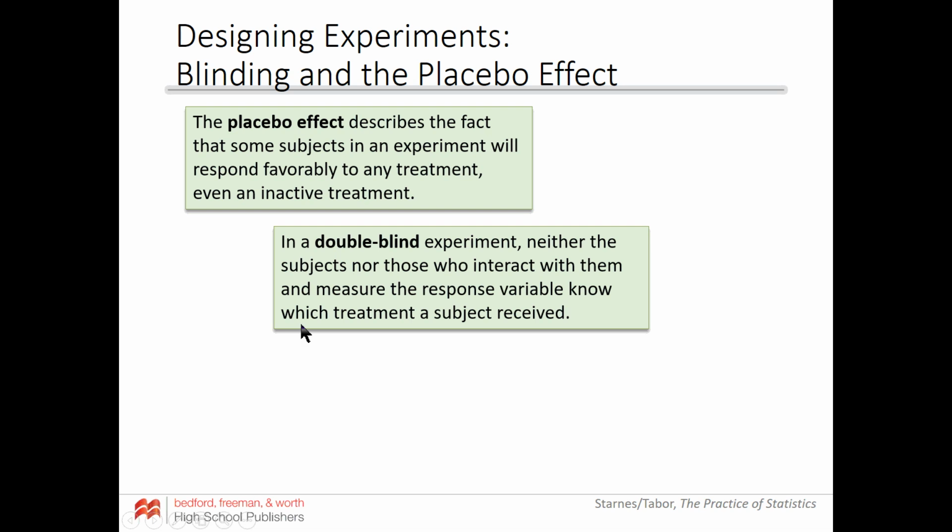Another vocab word to know. In a double-blind experiment, neither the subjects nor those who interact with them and measure the response variable know which treatment a subject actually received. Let me jump back to the COVID vaccine. When they did that testing, some people got a placebo and some people actually got the actual vaccine in their shot, right?